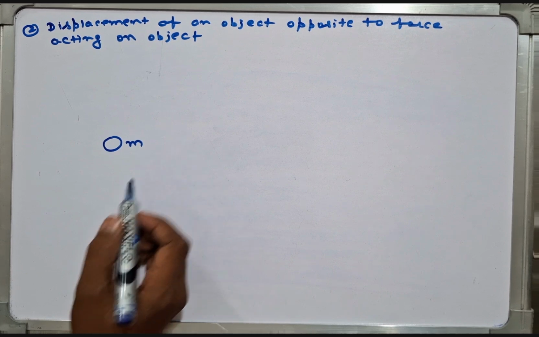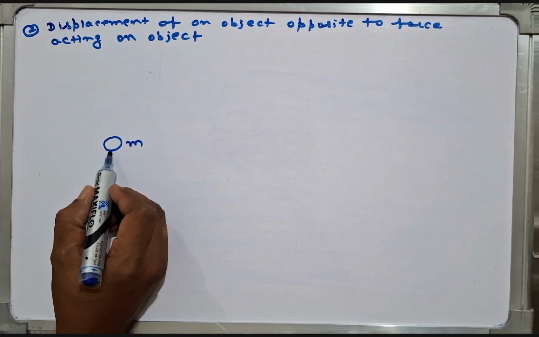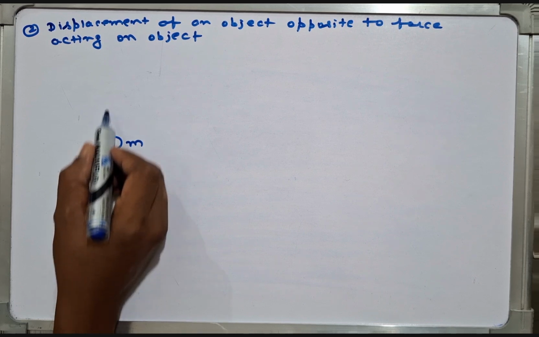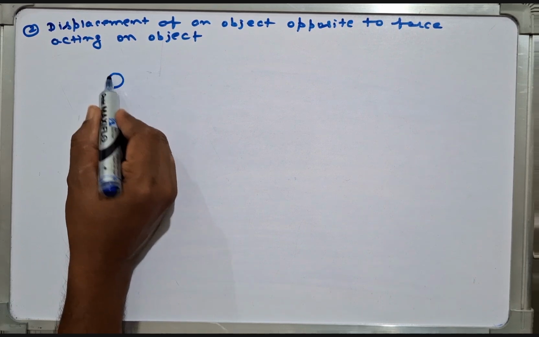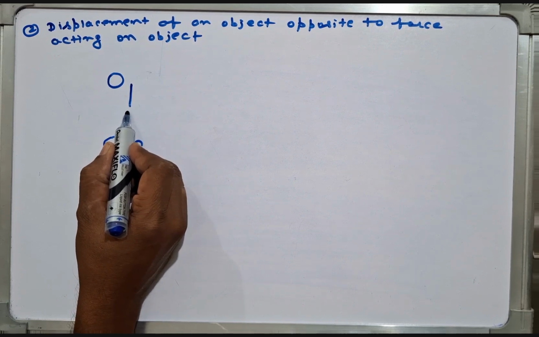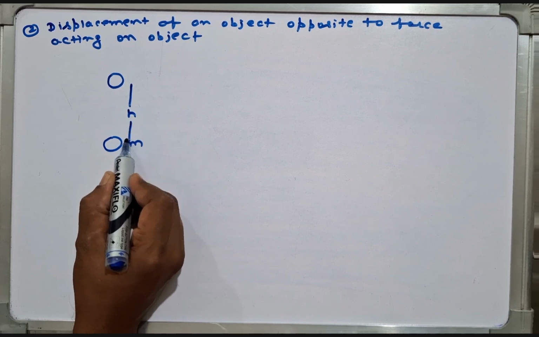Now we throw this ball in the vertical direction, and it attains its maximum height h.